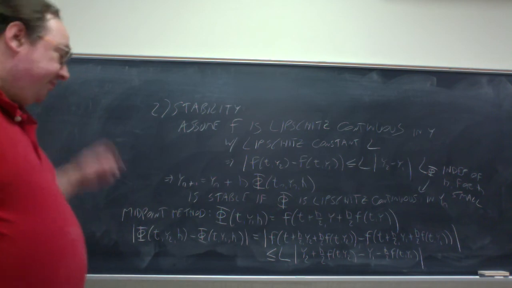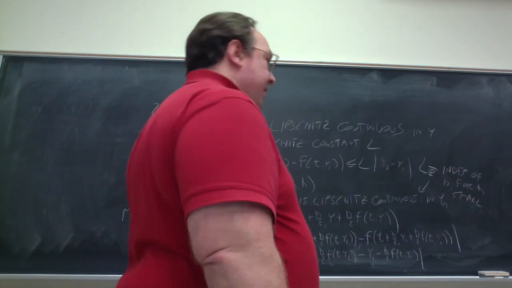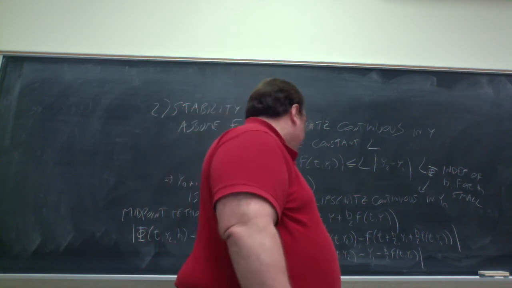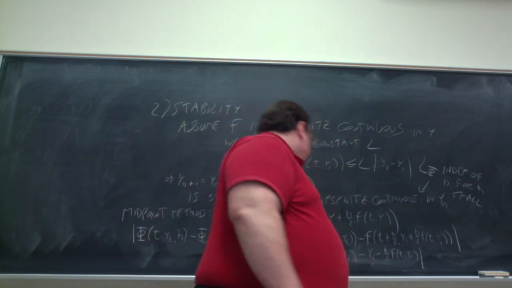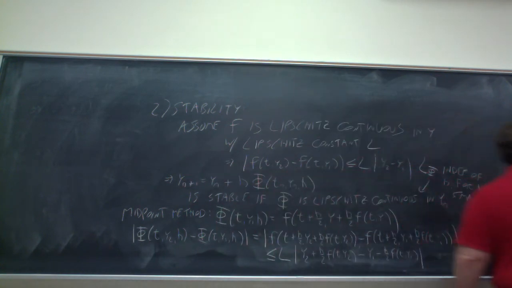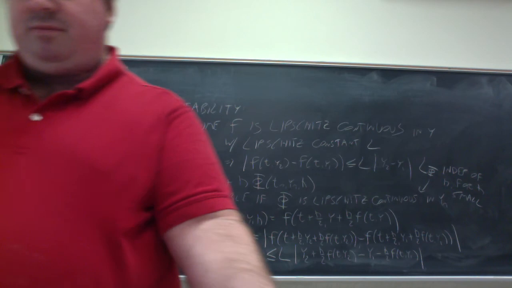Now here I have y2 minus y1, and then I have plus h over 2 times the difference in f values. So I'll go ahead and rewrite that so it's easier to see what's going on.